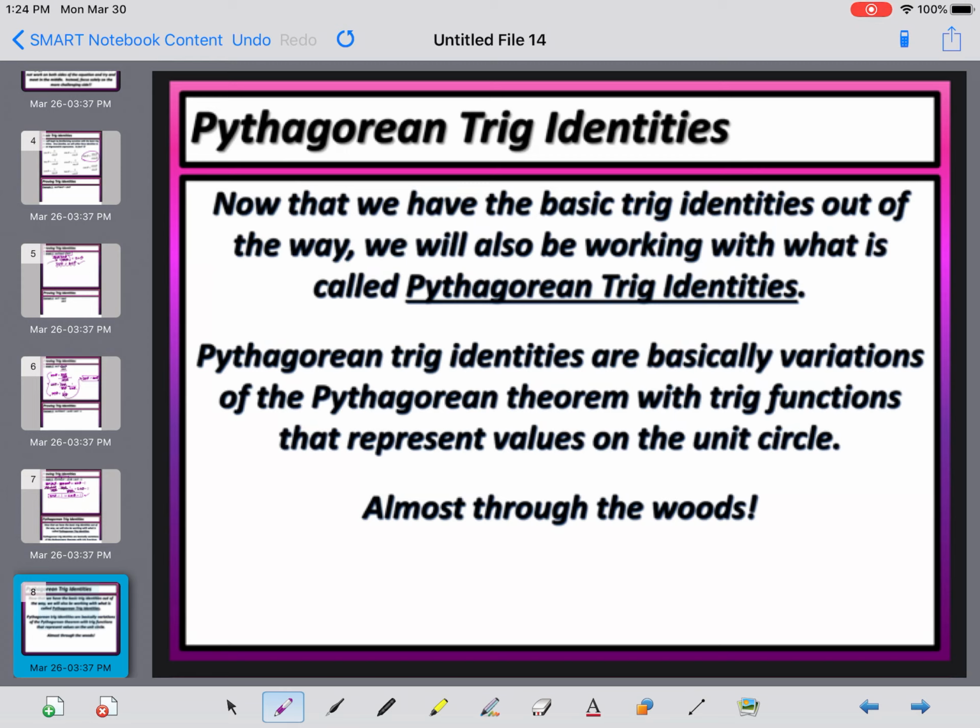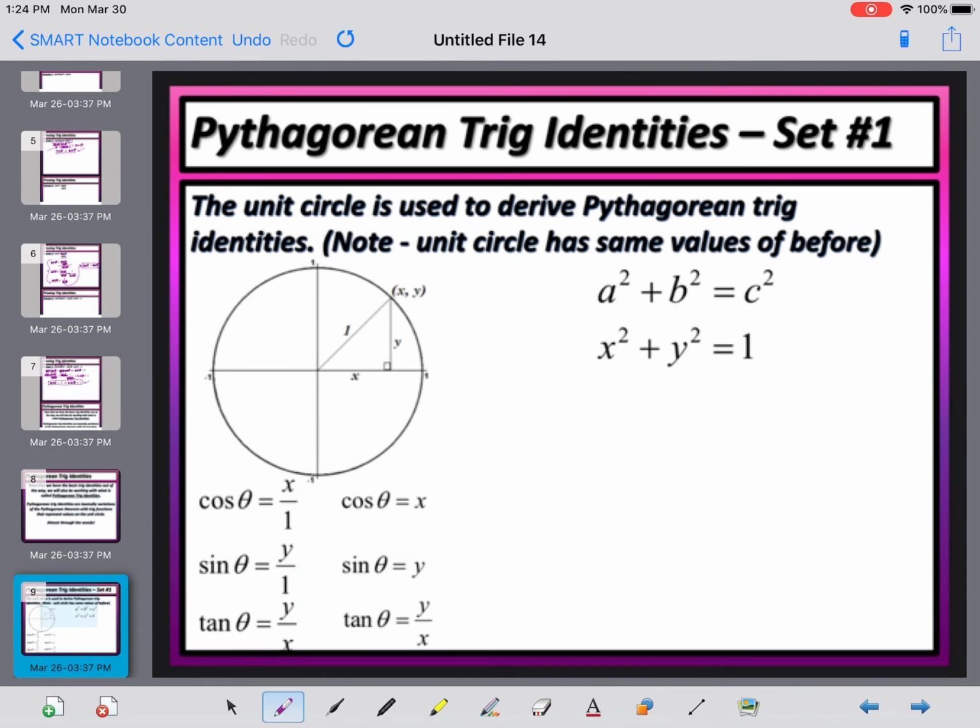Now, in addition to those basic trig identities, we have something called the Pythagorean identities. So I'm going to take a moment and derive how we get these Pythagorean identities. Okay, so imagine that reference triangle in the first quadrant like we've been using.